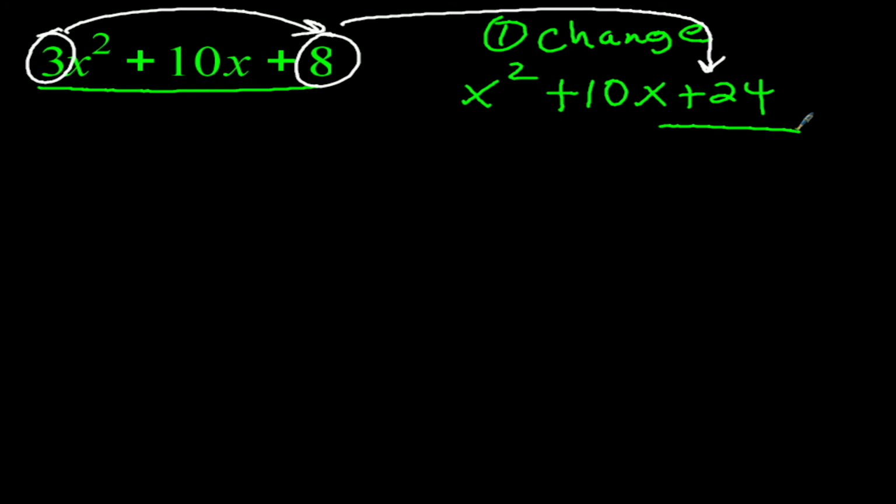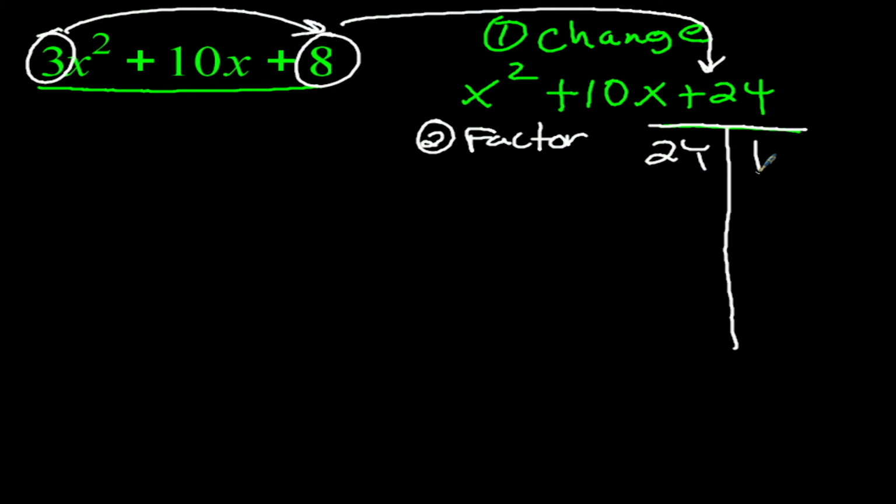Once we have that, then we look at the factors of 24. So the second step is to factor. So factors of 24, well, obviously 24 and 1 are factors. We also have 2 and 12. We have 3 and 8. And then we also have 6 and 4.